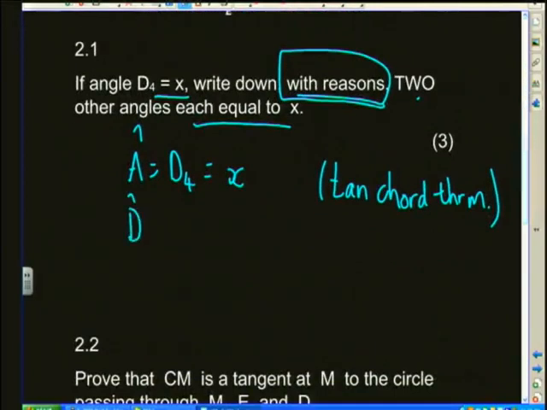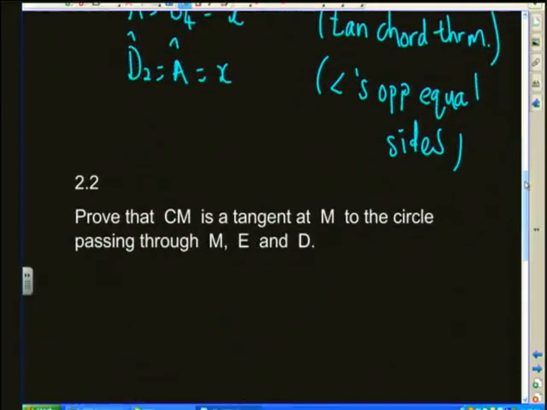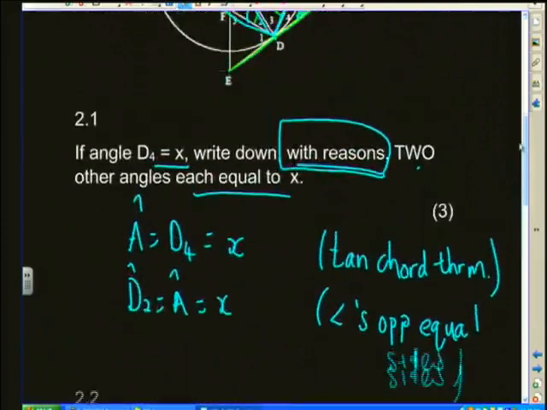So angle D2 is equal to angle A is equal to x, and your reason, angles opposite equal sides. Remember to put your reasons in. Very, very important. So we've done that first part, 2.1. Let's have a look at what 2.2 says. They want you to prove that CM is a tangent at point M. Let's go and have a look at CM.